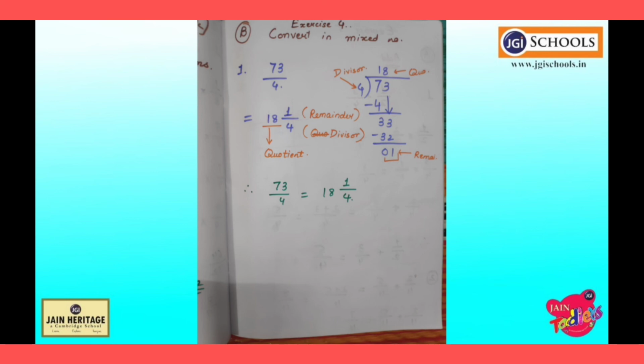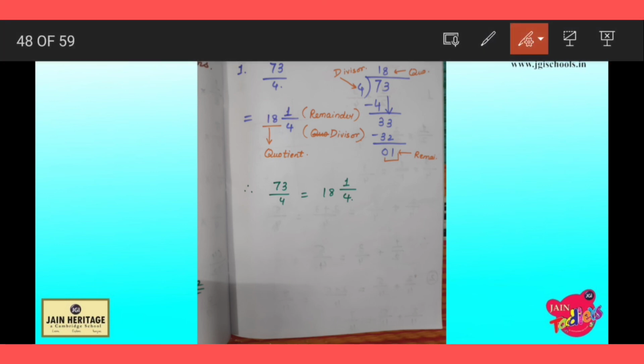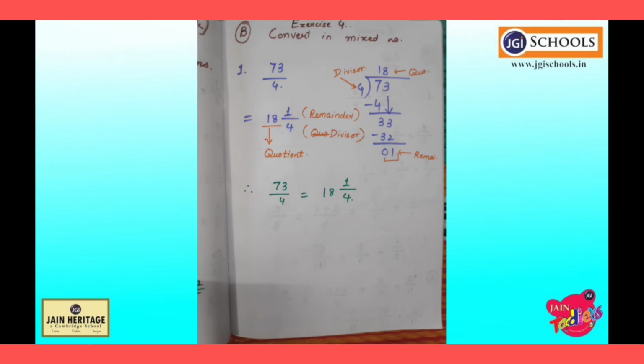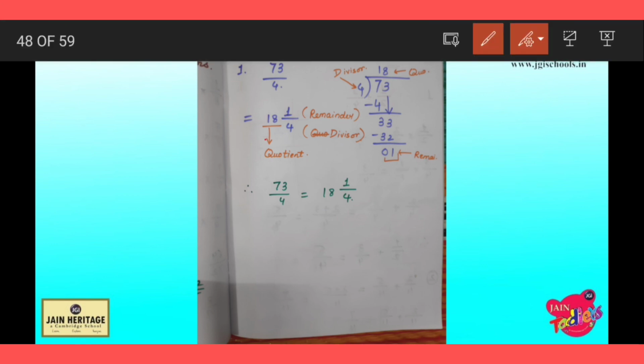So this 18, the quotient, will be the whole number, and remainder will be in the numerator and divisor will be in the denominator. Keep this thing in mind. The quotient will be the whole number, remainder will be in the numerator and divisor will be the denominator.